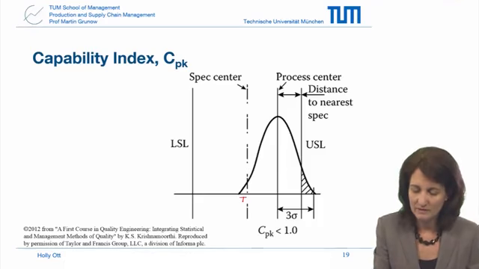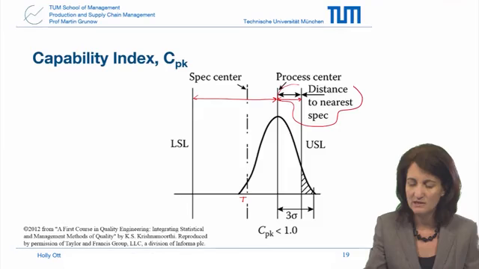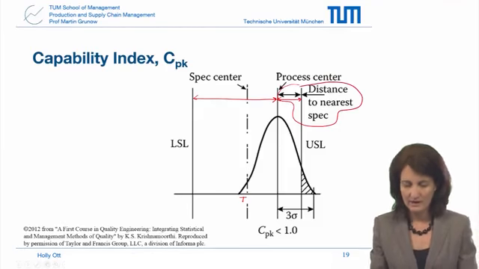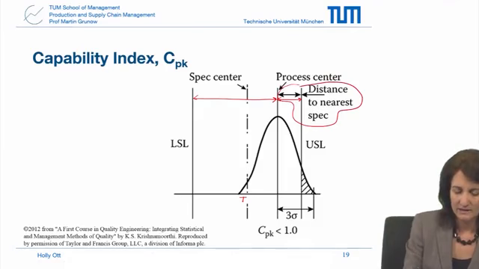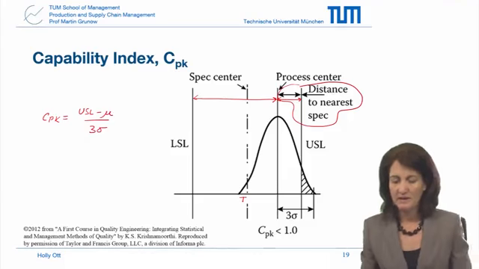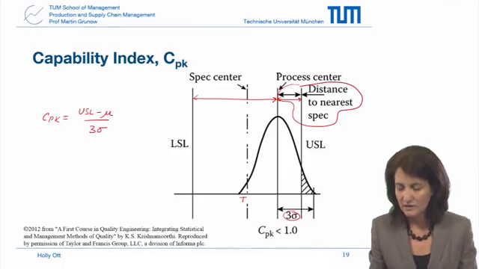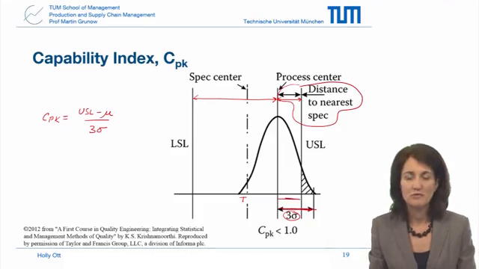We have the distance from the process center to the lower spec limit and to the upper spec limit, and this is the distance to the nearest spec. CPK is equal to the upper spec limit minus the mean, over 3 sigma. In this case, because 3 sigma is greater than this critical distance, our CPK will be less than 1.